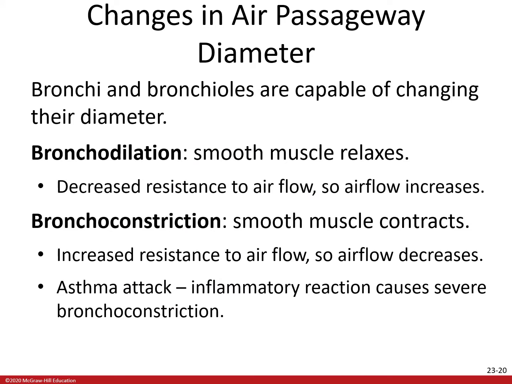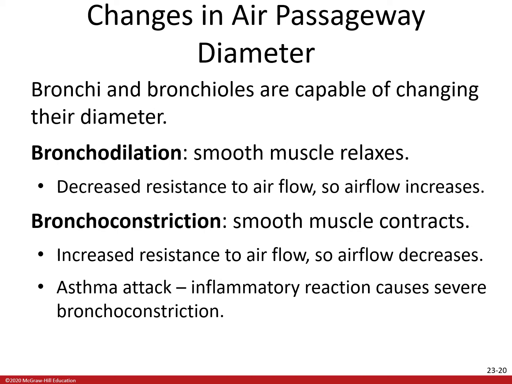All right, so moving on to changes in those little tree limbs, if you will, which change how much air can pass through. Our bronchi and bronchioles are capable of changing their diameter. If they relax and increase our airflow, that is called bronchodilation.